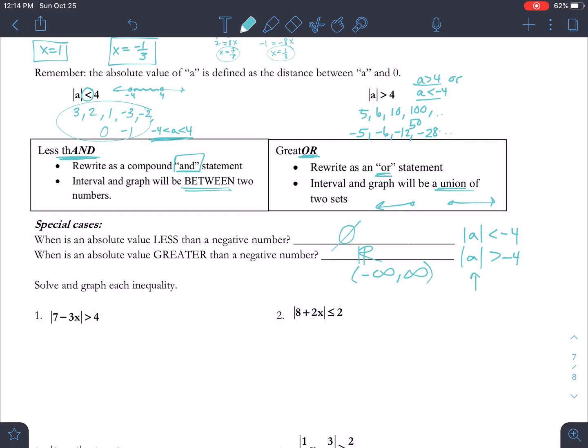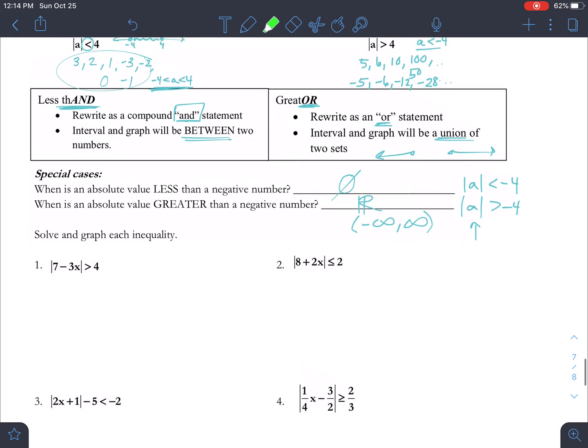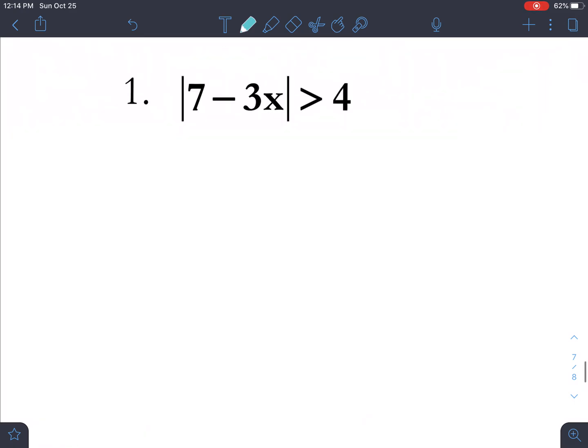All right, so we're going to try a couple of these. Let's take a look at the first one. So again, we look at it and say, all right, the absolute value of 7 minus 3x is greater than 4. I'm using these kind of annoying endings here because we're talking about absolute value inequalities. That's the only time this comes up. So when is the absolute value of 7 minus 3x greater than 4?